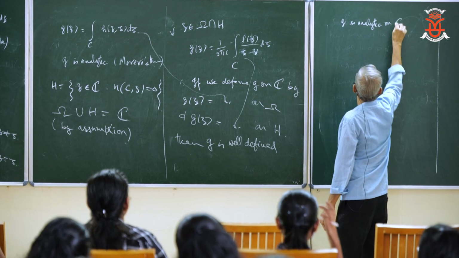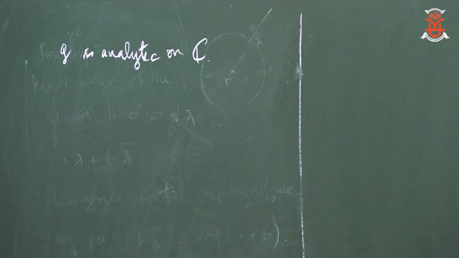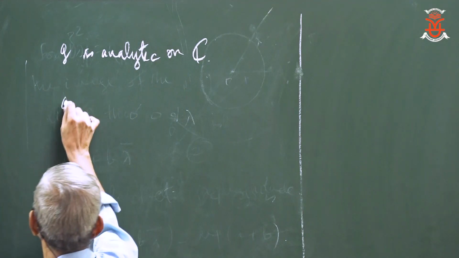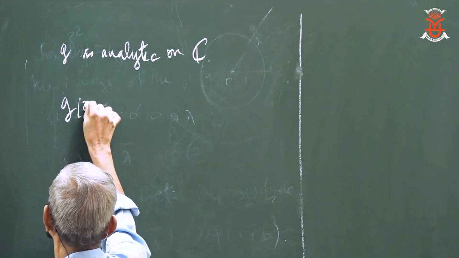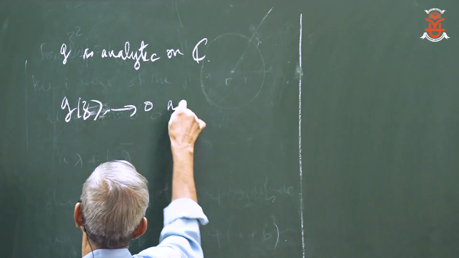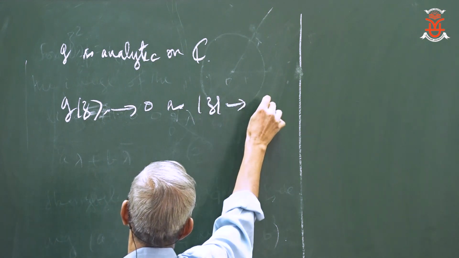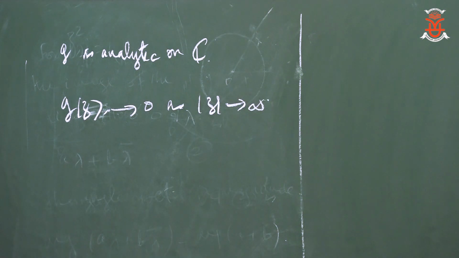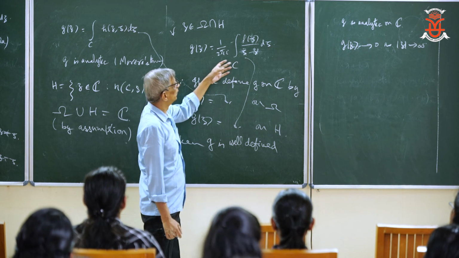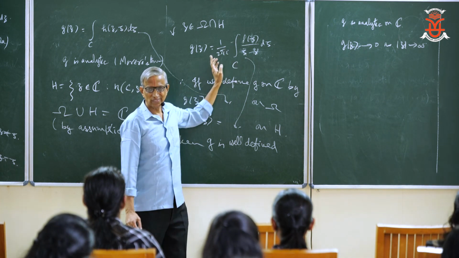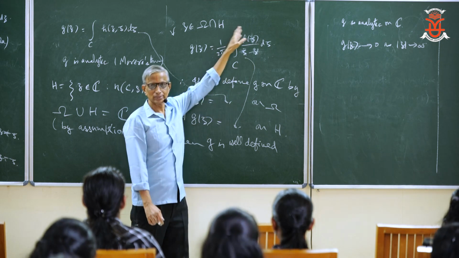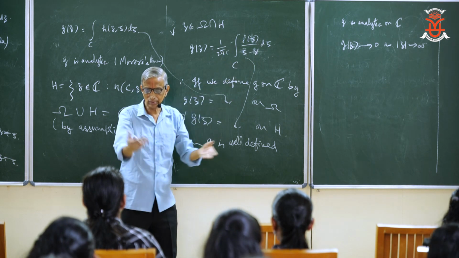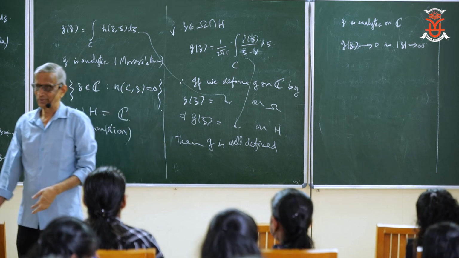G is analytic on C. G goes to 0 at infinity. You can see, as mod z goes to infinity, this integral itself goes to 0, right? Z is in the denominator.